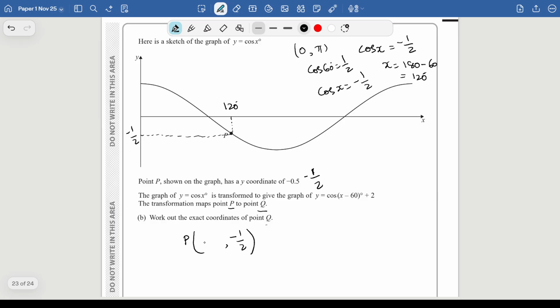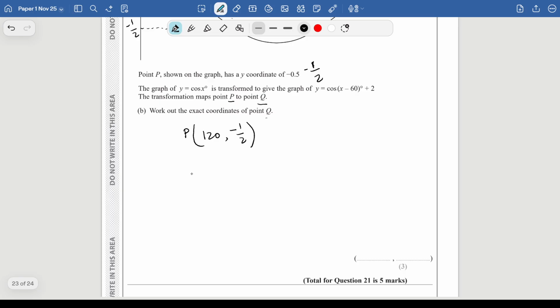So I figured out the x coordinate of the point, which is 120. Now what do we have to do? We have to find the coordinates of point Q using this transformation. So here we see, for this transformation, what is happening? If I analyze the transformation, the x coordinate is being shifted 60 units to the right.